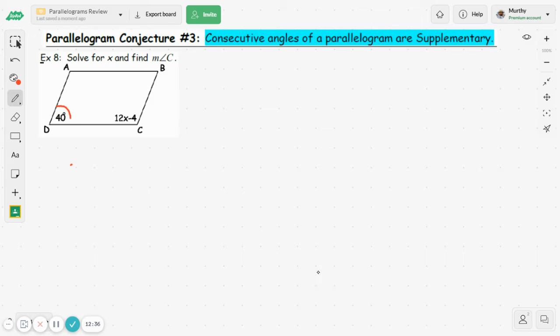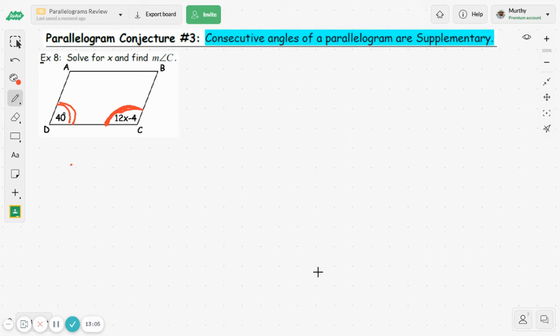So if I take angle D and angle C, I see that these two angles are just like neighbors. So I call them consecutive angles, which are one after the other. Here this is 40 degrees, and please remember these angles are not equal. I see that one is an acute angle and one is an obtuse angle.